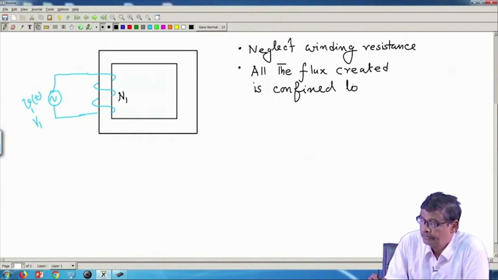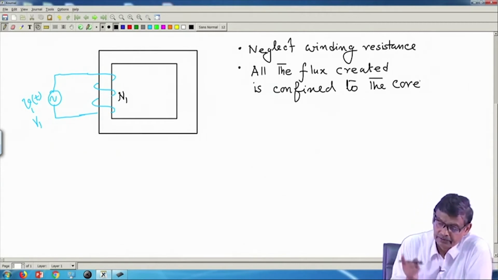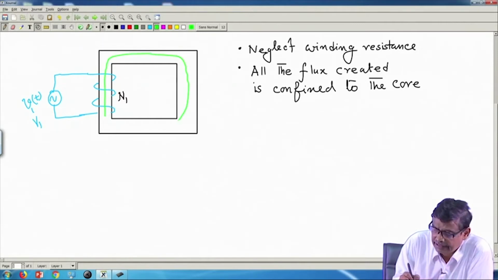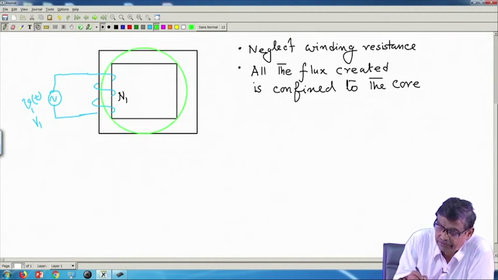That is, in other words, there is no leakage flux. So, all the flux that will be produced will be confined to the core, and there will be several lines.